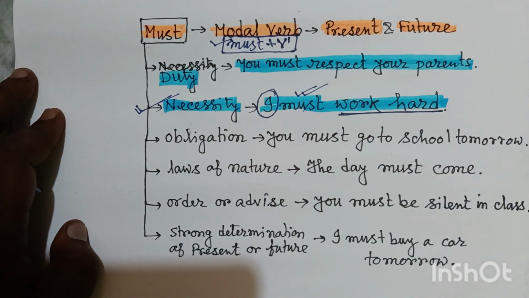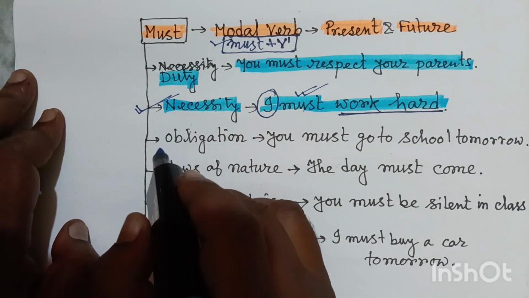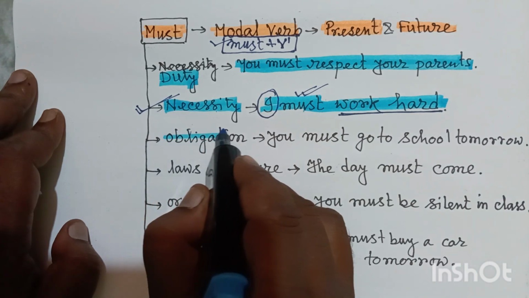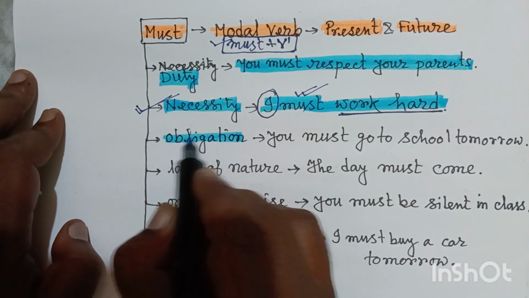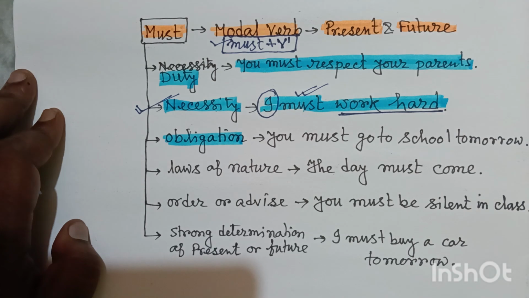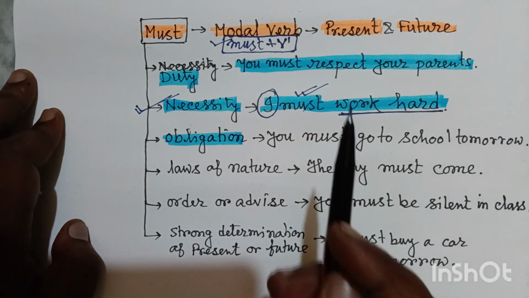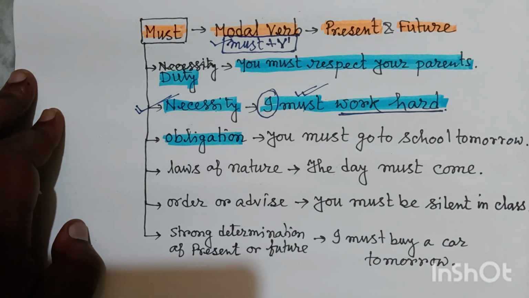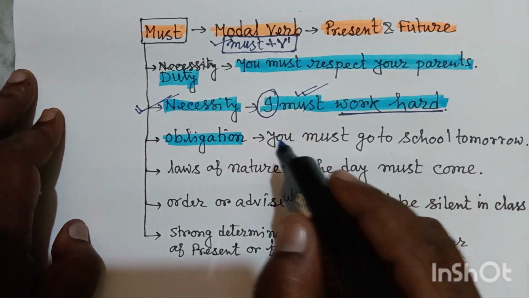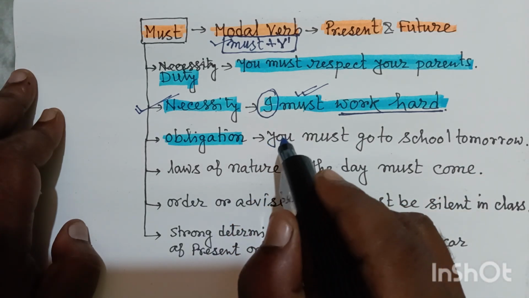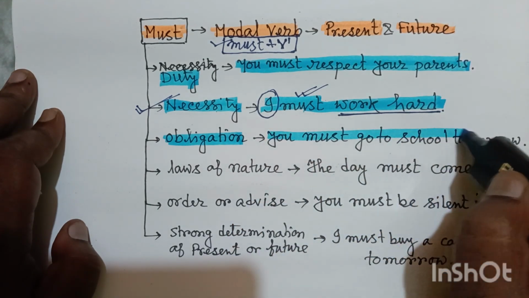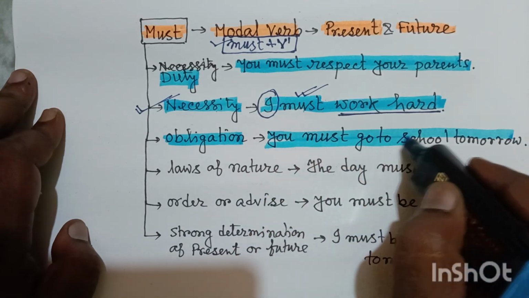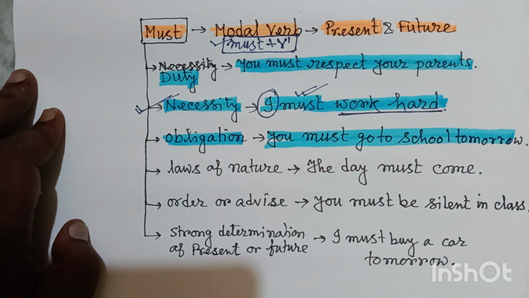Friends, there is another thing, obligation. Whenever the subject is obliged to do something or bound to do something, at that time we can use must. Here you can see, I have written one sentence: you must go to school tomorrow.